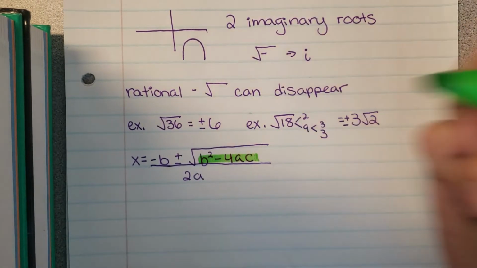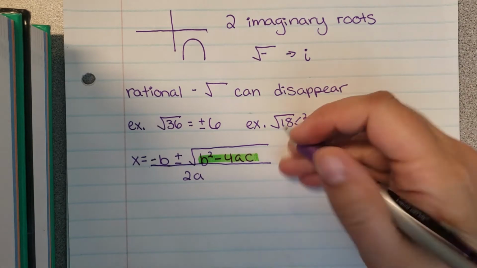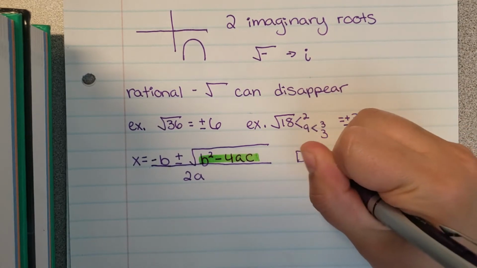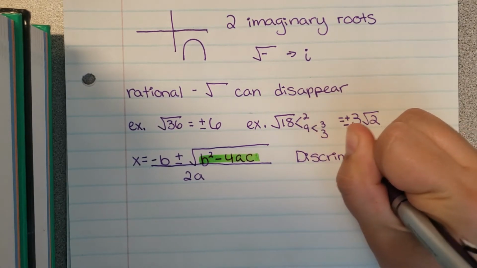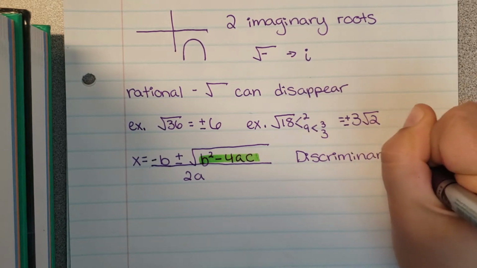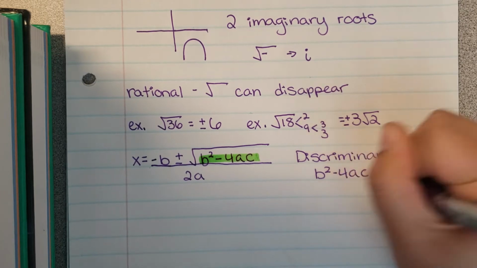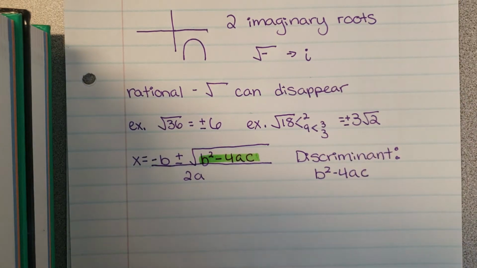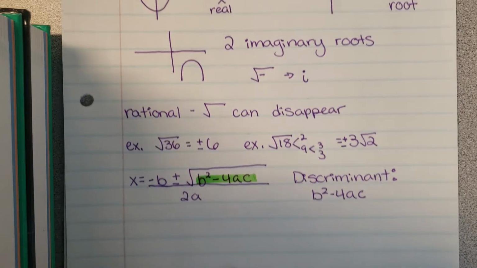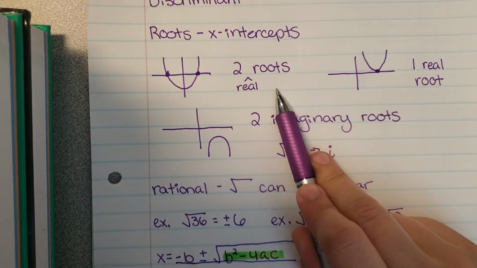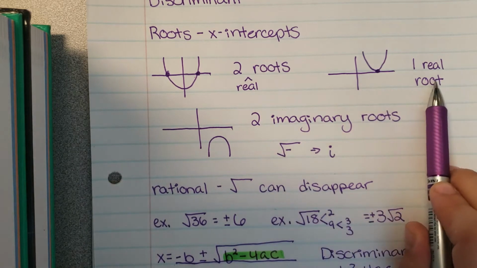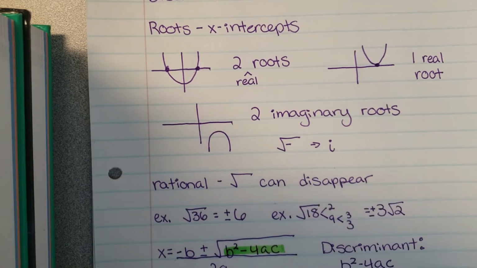So this piece right here is the discriminant. So the discriminant is b squared minus 4ac. And what the discriminant does is it helps us describe the nature of the roots of a quadratic. So we learn the natures up here. We could have 2 real roots, 1 real root, or 2 imaginary roots.